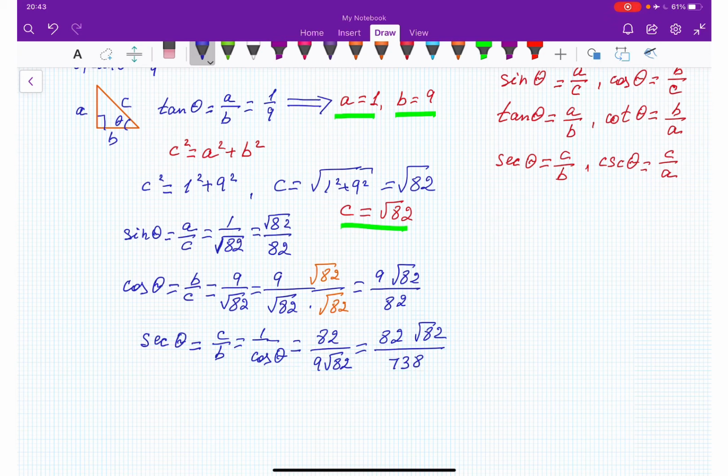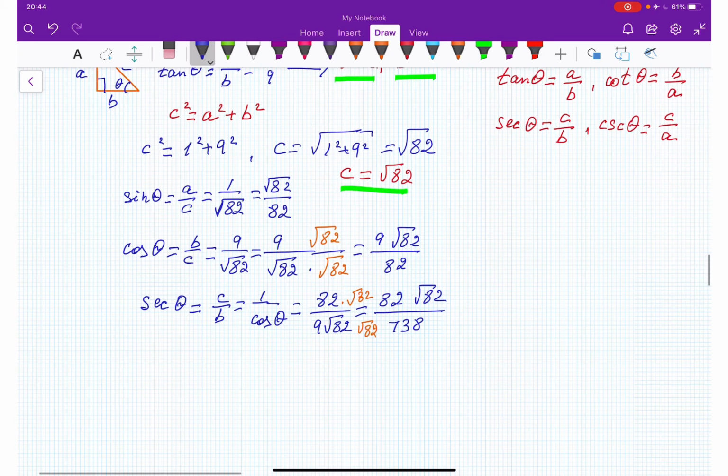Why? Because once I multiply on both sides by the square root of 82, here the square root of 82, here the square root of 82, and at the bottom 82 comes out clean, and you multiply 82 times 9. So this is going to be equal to the square root of 82 times 82 over 738. You can cancel: this is 1, this is 9, and we are getting the square root of 82 over 9. Okay.